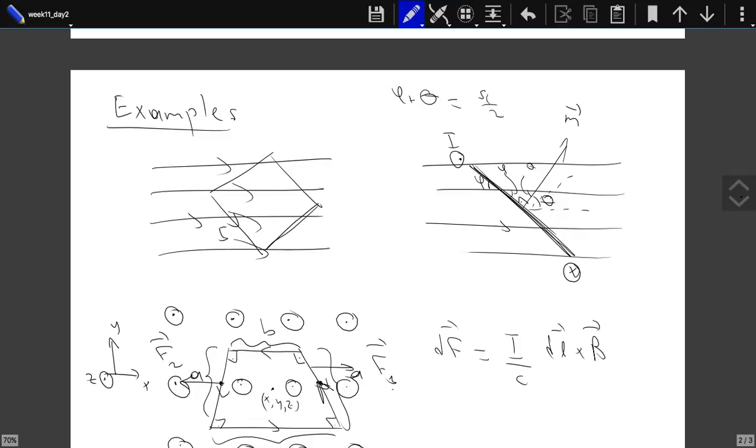Now let's calculate the torque with respect to the center of my loop. What are the torques created by these F1 and F2? Also keep in mind that F1 and F2, although I am showing them as if they are acting on a single point, that force is acting at every point along the wire.